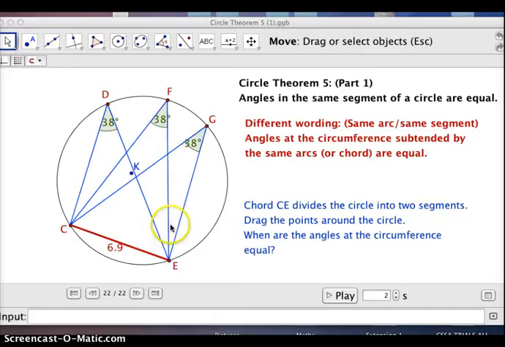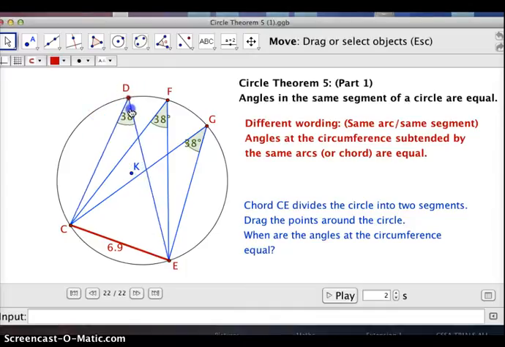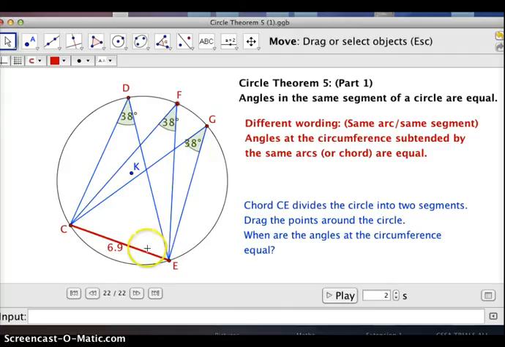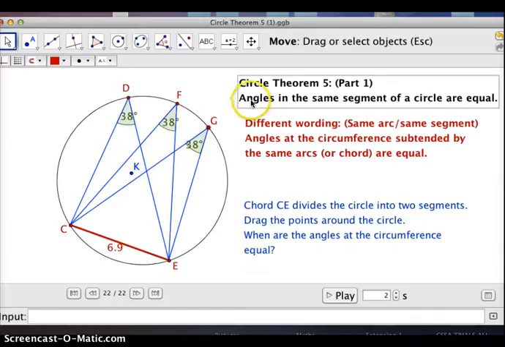We've got angles CDE, we've got angles CFE, and angles CGE. Now they are all the same size. I'm going to move these points around. The reason they're all the same size is that they're all subtended by the same chord CE. The reason it's called angles in the same segment is all those angles are formed in the major segment.